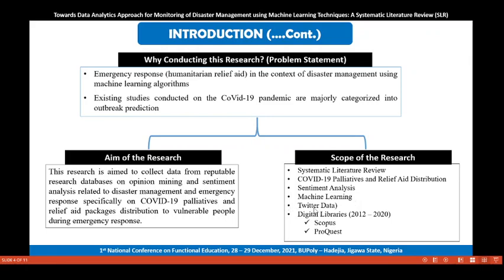The data is going to be focused only on Twitter social media data, then digital libraries from 2012 to 2020. So the data is going to be collected from the Scopus and ProQuest databases, from 2012 to 2020, and fine-tuned to see the papers that are relevant to the scope of the research.